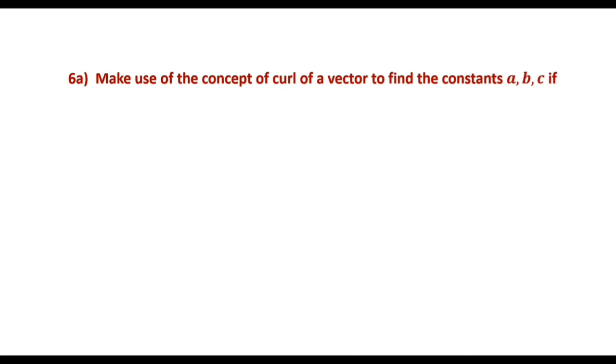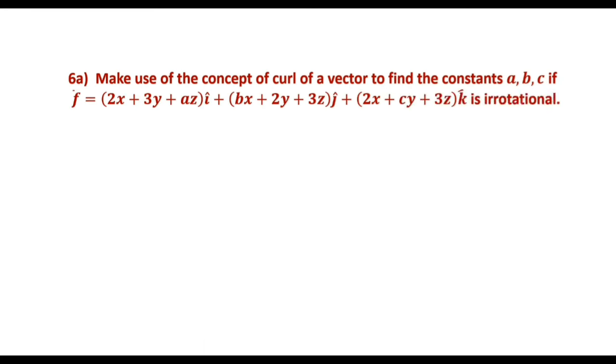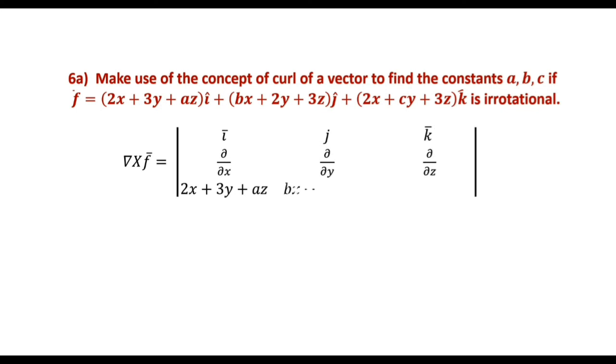Make use of the concept of curl of a vector to find the constants a, b, c if f bar is irrotational. We need to find constants a, b, c when we have three equations in terms of a, b, c. Here f bar is irrotational. First we consider the curl f bar, del cross f bar. It is the determinant with 9 elements.